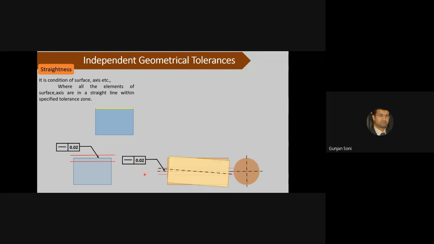The axis may lie like this, or like this, or like this. In all these cases it is between these two parallel lines, meaning in the specified tolerance zone, so it is acceptable.